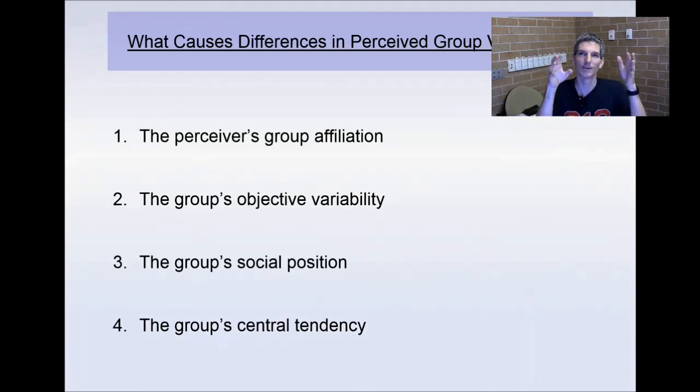In other words, they're the average English person and the average Australian person, where they fall on that dimension. And we're going to look at how those mean ratings, those perceptions of where the group falls, can itself have an impact on the perceived variability within the group. By saying that the group has more of a specific quality, people tend to perceive that group as being more homogeneous. So we'll look at why that is.